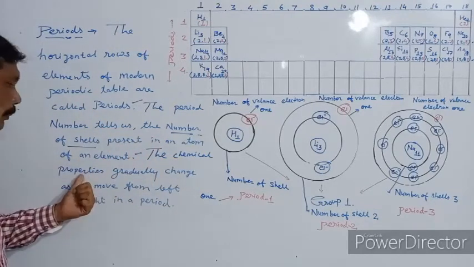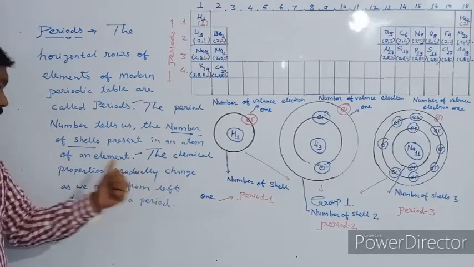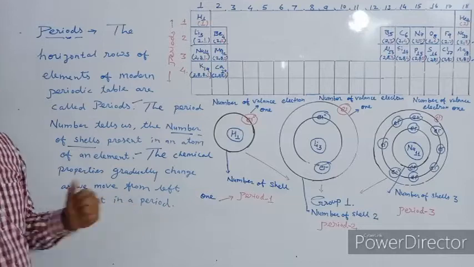The chemical properties gradually change as we move from left to right in a period.